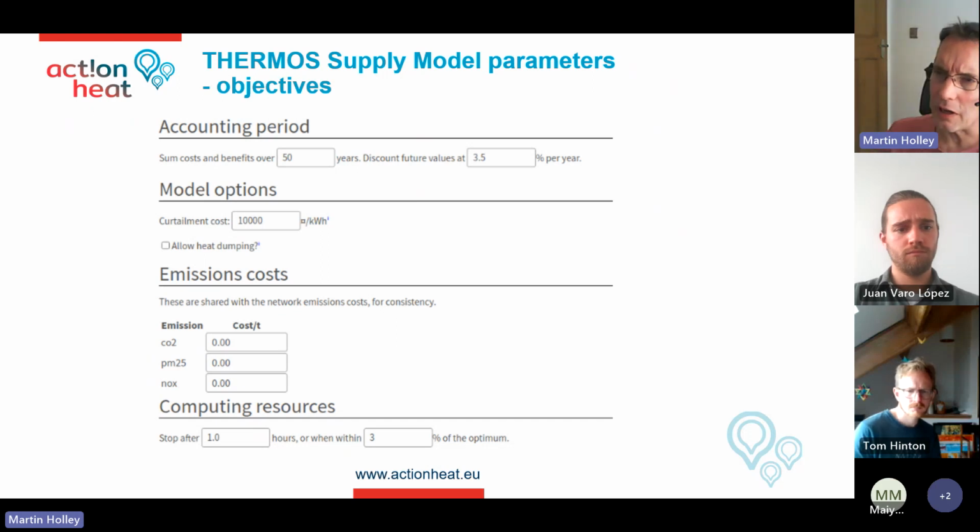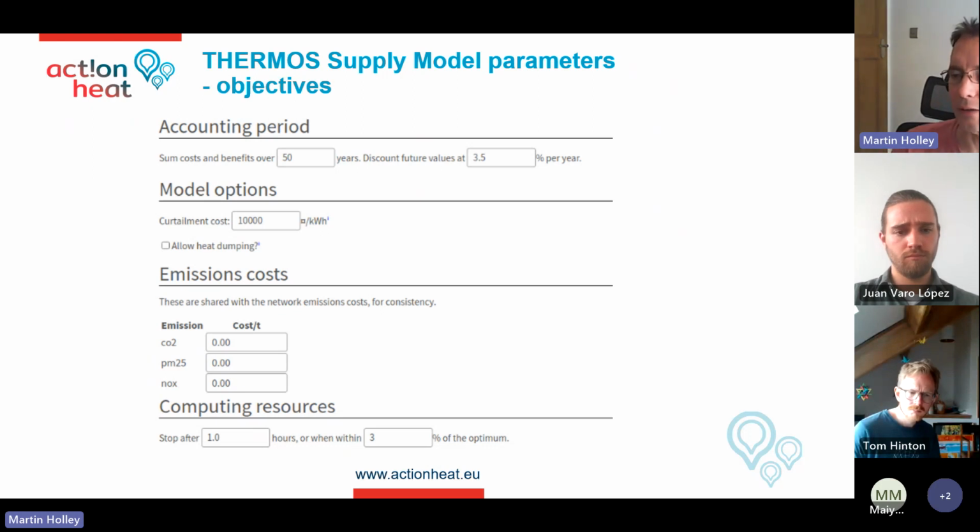There's also a curtailment cost, which, in a nutshell, allows the model to undersupply heat in a given interval to avoid the problem becoming infeasible. And Tom will probably explain a little bit more about that. And also things like heat dumping.